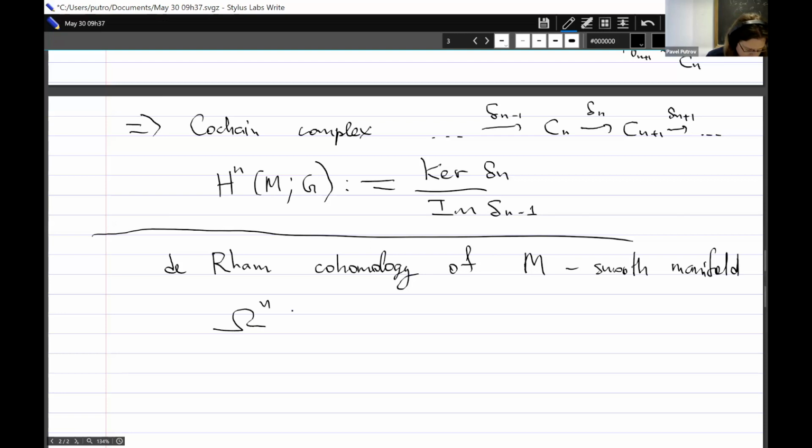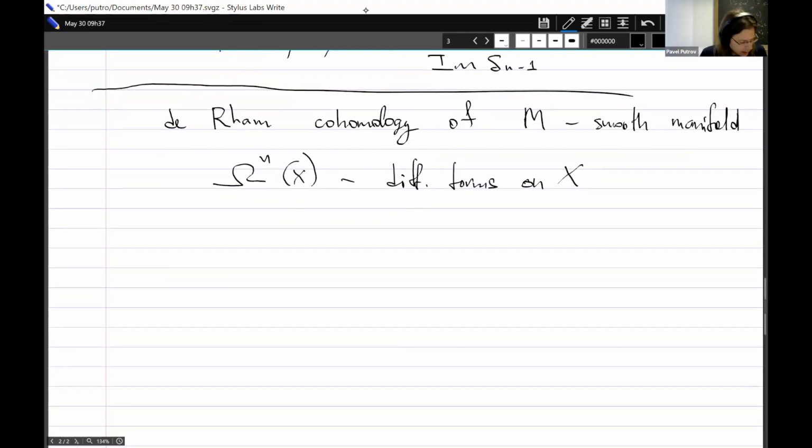Then we consider the space of differential forms of degree n on M. And then we have the exterior differential d, which takes degree n forms to degree n plus 1 forms.